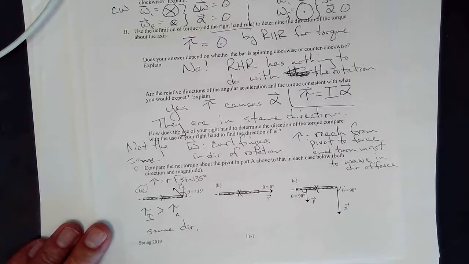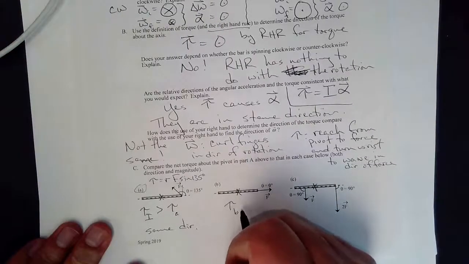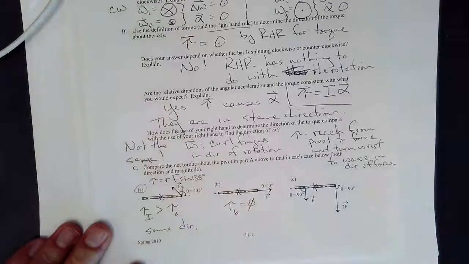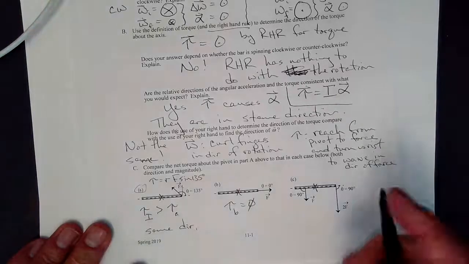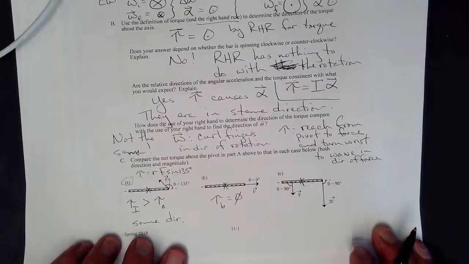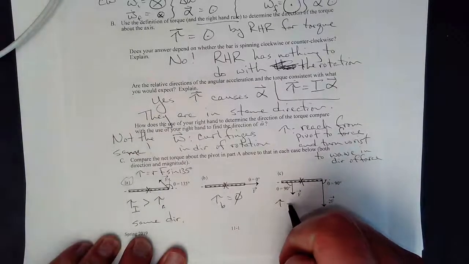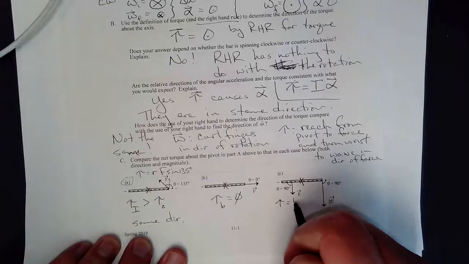Now, in case B, we have zero torque because there's no lever arm. It's pulling in a direction that's not going to cause rotation about that pivot. Now, if we look at this last case, this is a little bit more complicated. This torque here is going to be 1/2 of the torque that we started with.